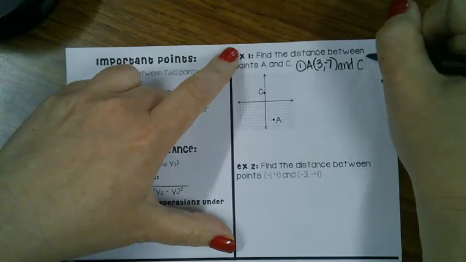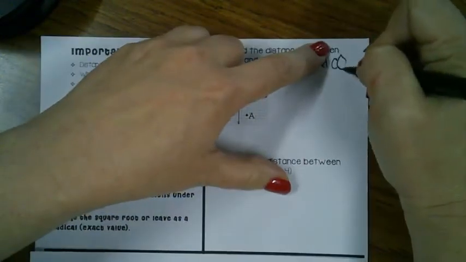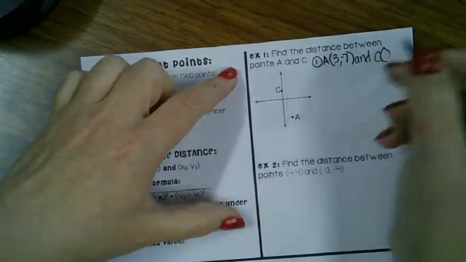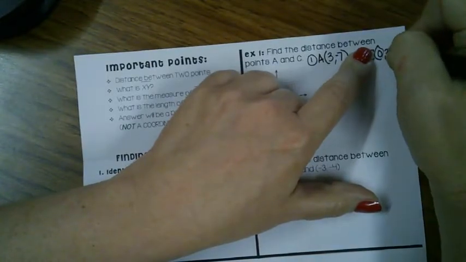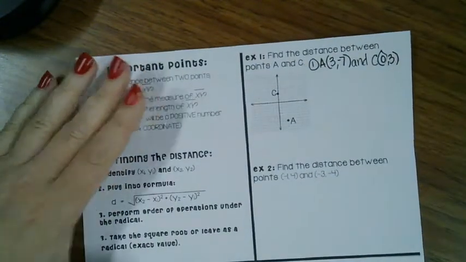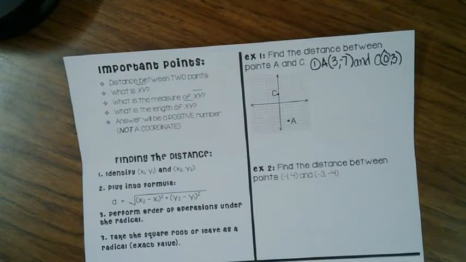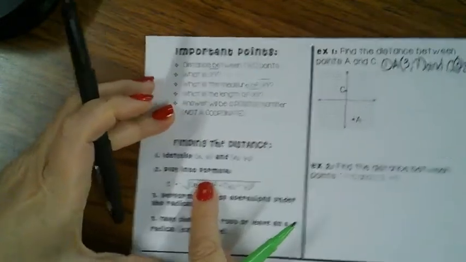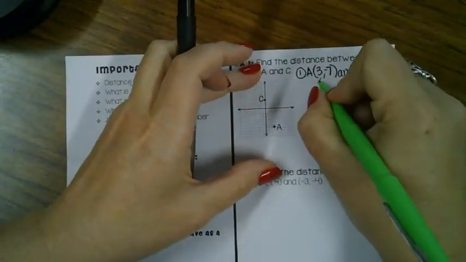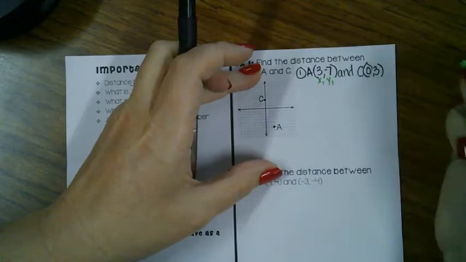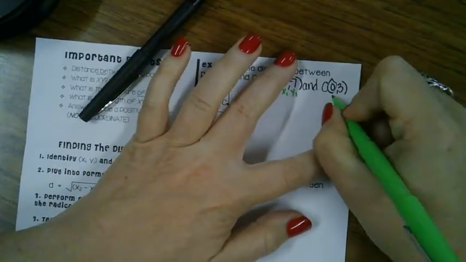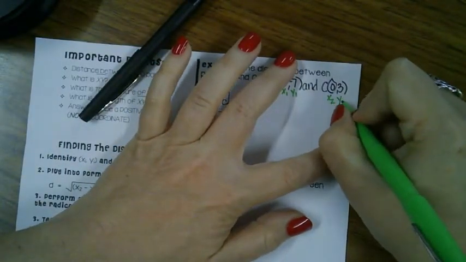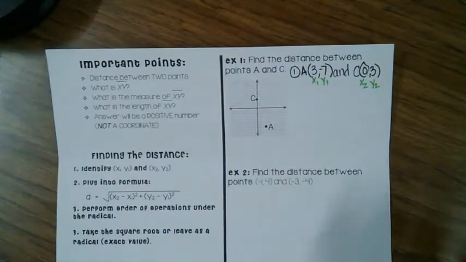The point C is at 0, 3. So this is what I'm going to use to plug into my formula, which is the next step. This is going to be my x1 and my y1. This is going to be my x2 and my y2.